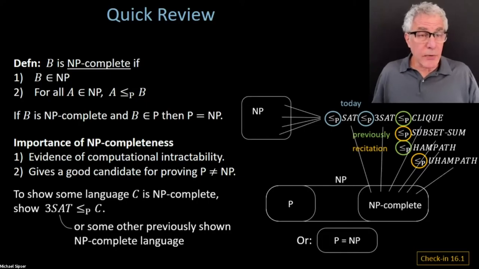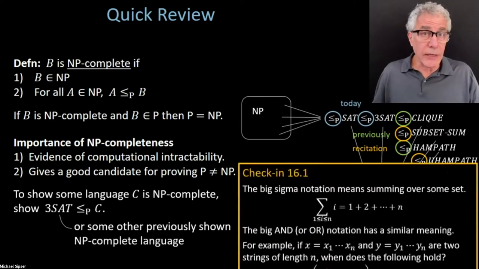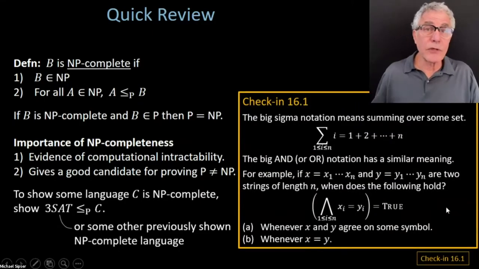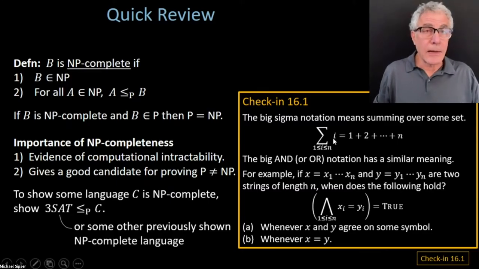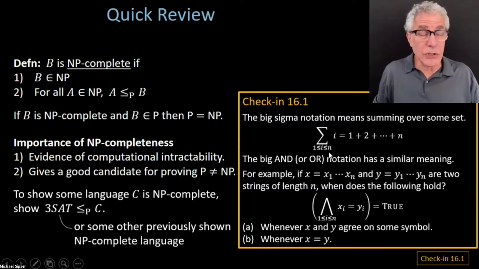Here's a check-in that I'm going to use to get us ready for the big proof that we'll be spending most of the lecture on, showing SAT is NP complete. First, just to define a little notation, which maybe you've seen already, I'm going to do it in the form of a check-in. I'm sure you've all seen the big sum notation using a big sigma to represent a sum over some set of possibilities.